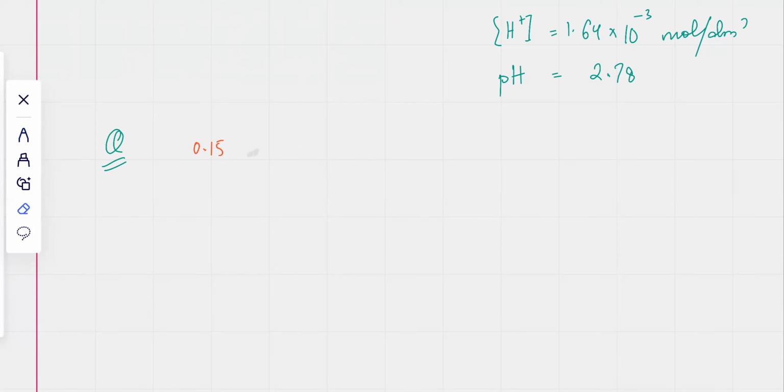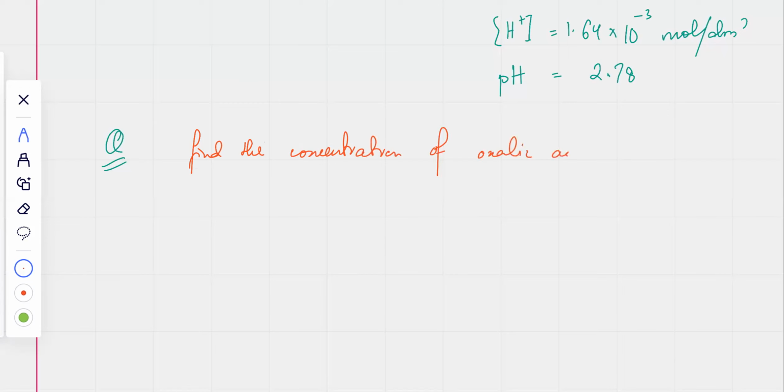I don't have the concentration. You're supposed to find the concentration. So find the concentration of oxalic acid having a pH of 2.1, and the K value is given.